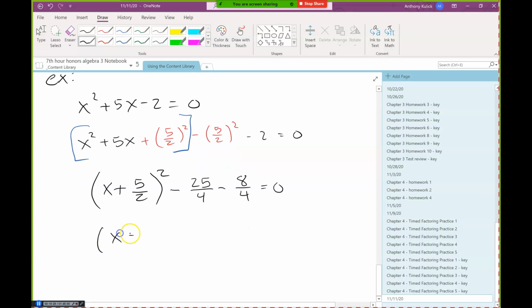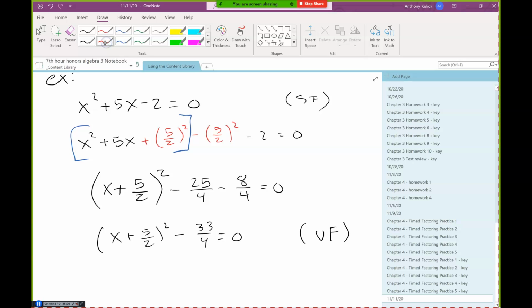And now, since they have a common denominator, I could combine those like terms to make -33 over 4. Notice here we're now in vertex form. Now that we're in vertex form, we can use the reverse order of operations to deal with this. So we'll add 33 over 4 to both sides.